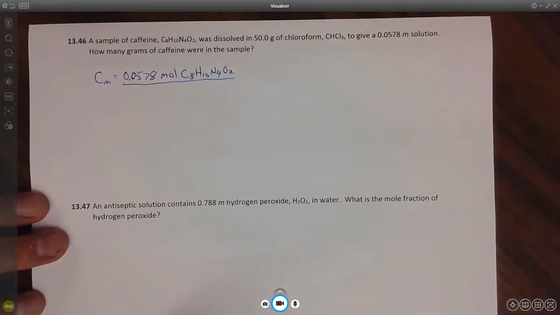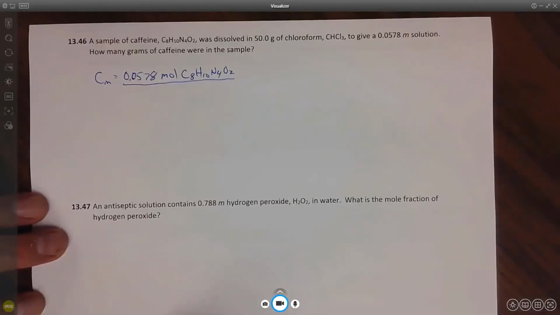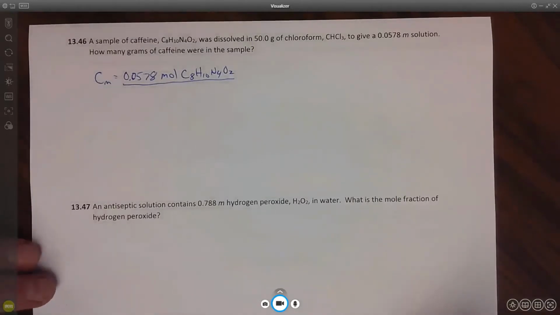Well, it's the kilograms of solvent. So what is the solvent? Okay, I'll let you go then.